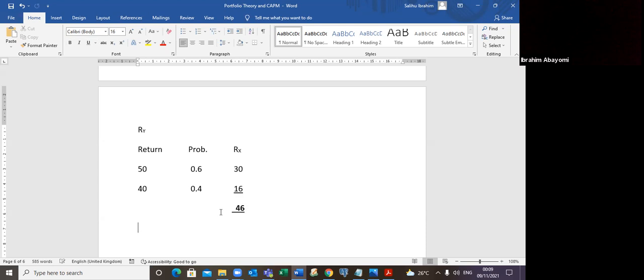So that is the expected return on the securities separately. Now, for the portfolio, return on portfolio.